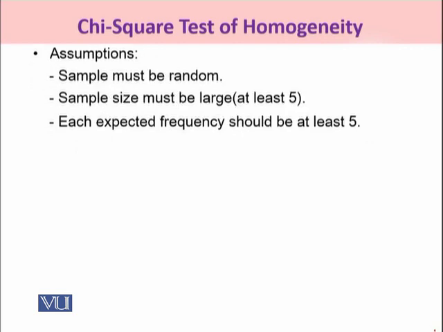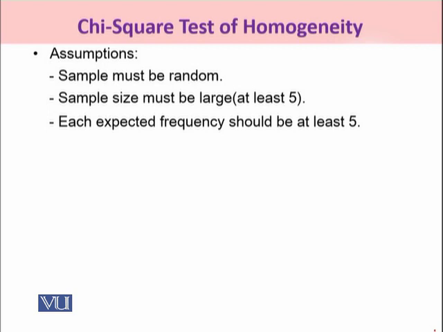Now students, whenever we apply a statistical test, we will have to see what kind of assumptions we have to observe under our data to perform that test. So students, the assumptions of the Chi-square test of homogeneity are almost the same as those of the Chi-square test of independence.